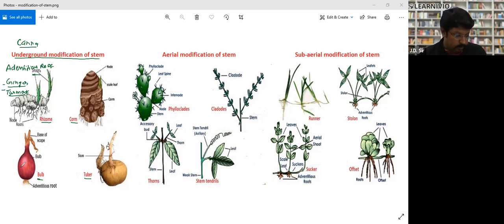Corm is a short, thick, swollen, unbranched, spherical or cylindrical underground stem.